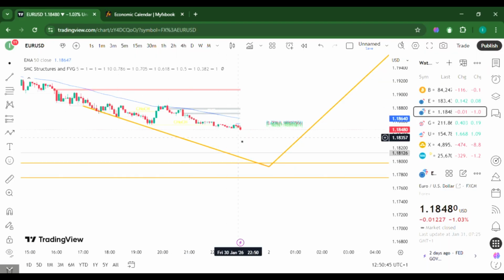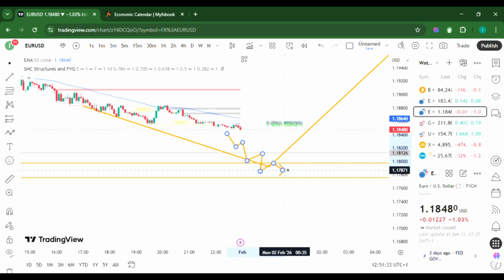Now, what are we looking out for? We want to see a market shift or structure shift. When price wants to go to the upside, at this lower time frame, it will be doing something like this. When it wants to go to the upside, it will turn and start going like this.